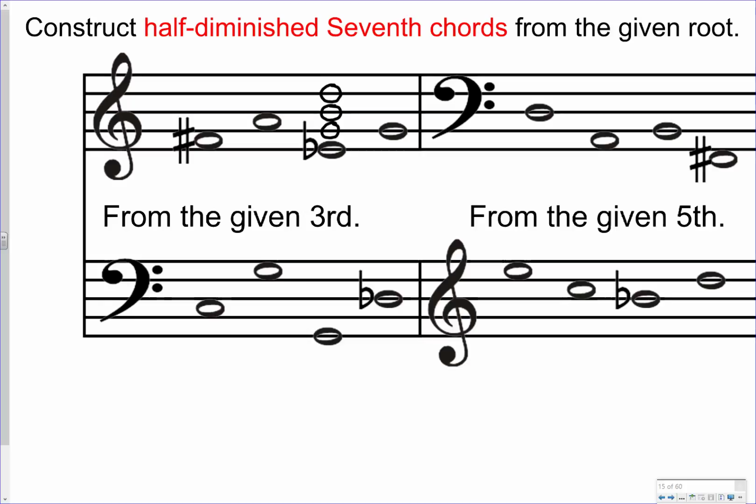So we need a diminished triad. So if E-flat is the root, we need to go a minor third above that. That would be an E-flat to a G-flat, and a minor third above that, a G-flat to a B double flat.